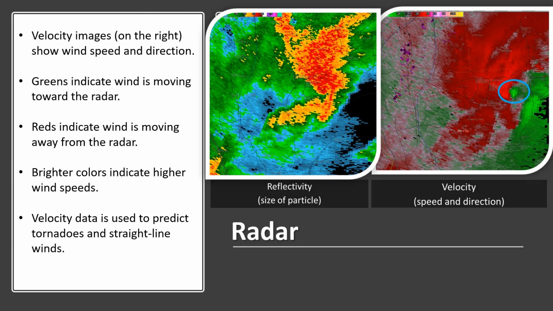The brighter colors indicate higher wind speeds. Meteorologists can see rotation on here and warn of a possible tornado. We can also predict straight-line winds and downbursts with this data. The blue circle outlines an area of rotation that meteorologists would want to watch for possible tornado development.